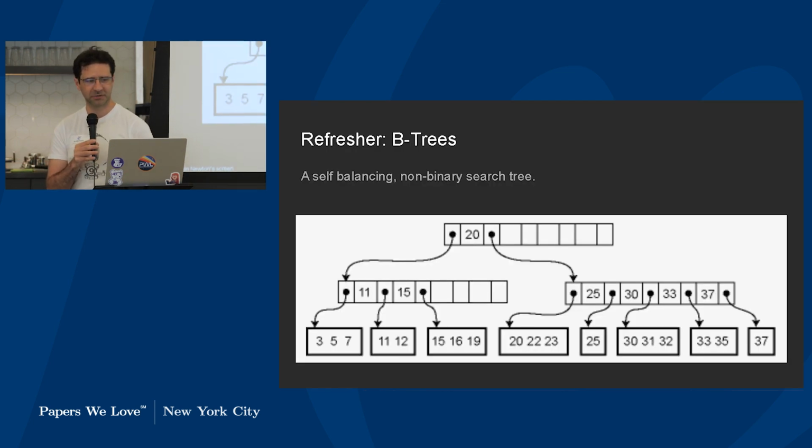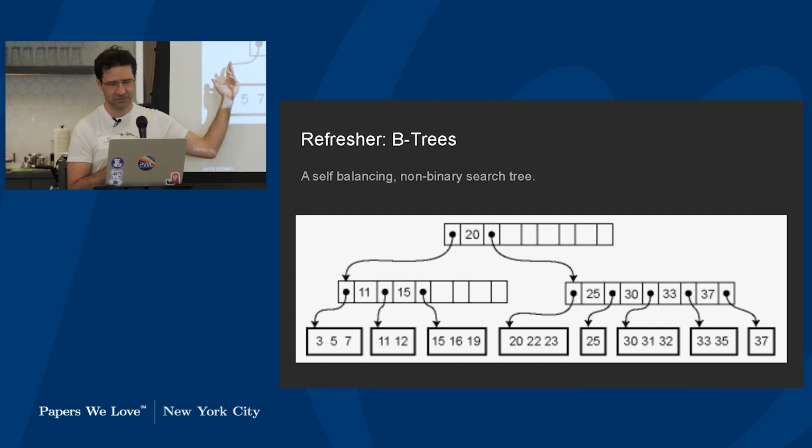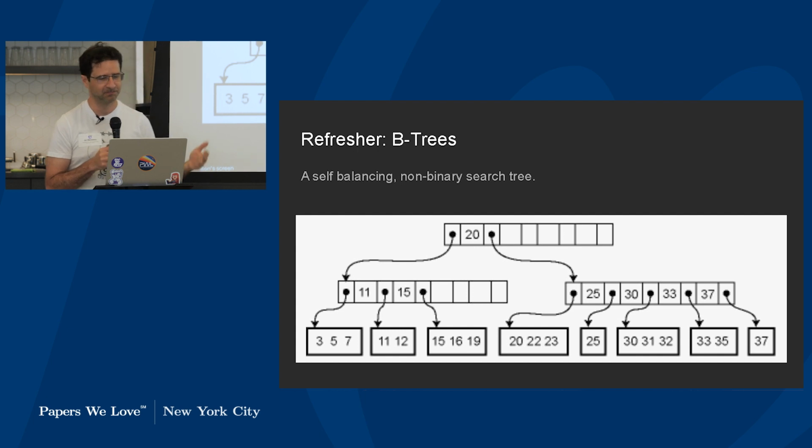So B trees are a self-balancing non-binary search tree, or an n-ary search tree. And here's a diagram. You've got this tree covering keys sparsely from the range of 3 to 37. The root of the tree has 2 children.